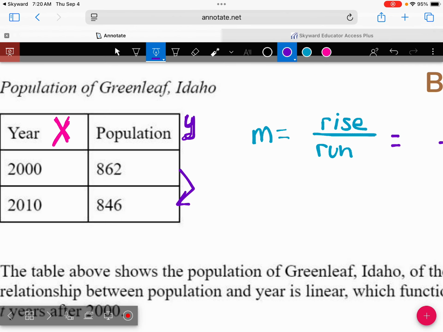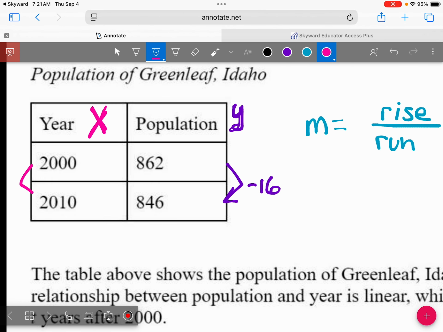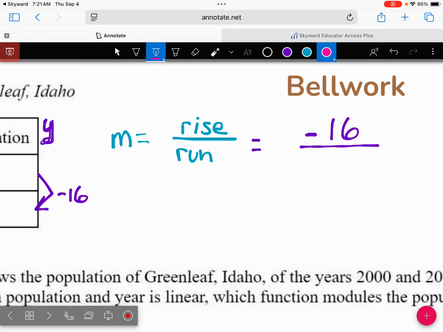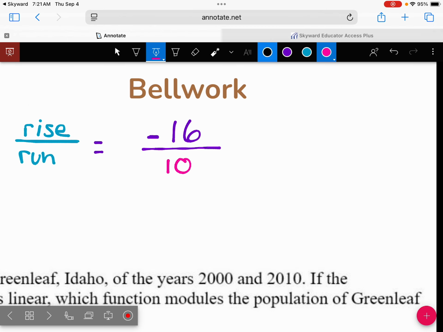How did my x's change? They went up 10. So my y's went down 16, my x's increased, they ran 10 to the right. So I could simplify that. What is negative 16 divided by 10?